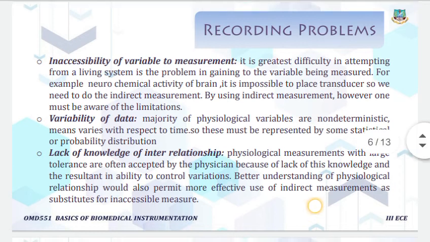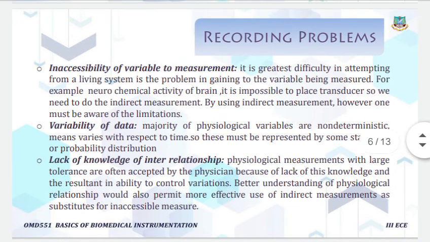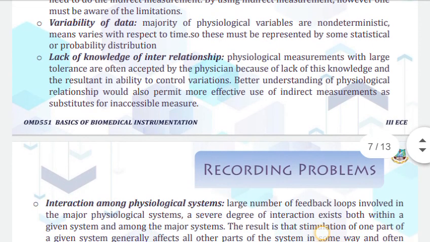Better understanding of the physiological relationship would also permit more effective use of indirect measurement as a substitute for the inaccessible measure. That is just the lack of knowledge of the interrelationship.